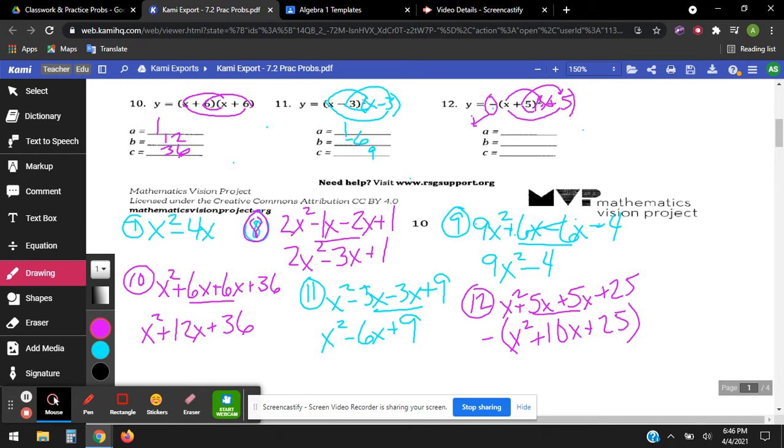Now I need negative for the whole thing, which means I'm going to distribute this to each number, which results in negative x squared minus 10x minus 25. So A is now negative 1, B is negative 10, C is negative 25. So that's how you do that when you've got negatives in there.